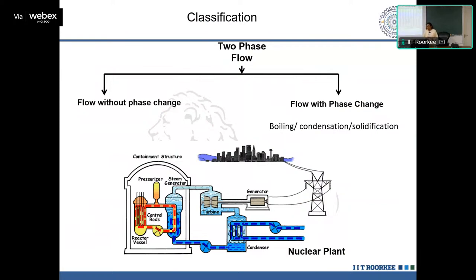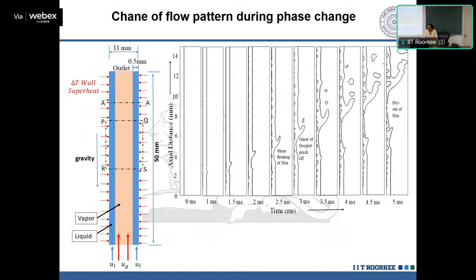Here is an example of some simulation we have done on vapor-liquid flow. This is an example of how dynamic change can take place in a phase change phenomenon when it is happening inside a tube. In this particular case, we have tried to simulate the vapor and liquid flow configuration.